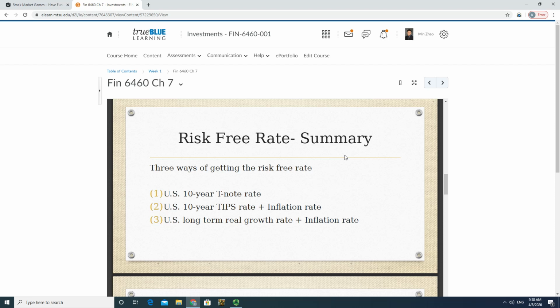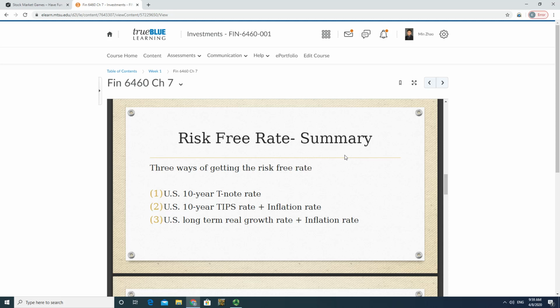And right now, in April 2020, the 10-year T-note rate is in the range of 0.5% to 1%. So in this case, risk-free rate is about 0.5%, if we use the 10-year T-note rate as a proxy for risk-free rate.